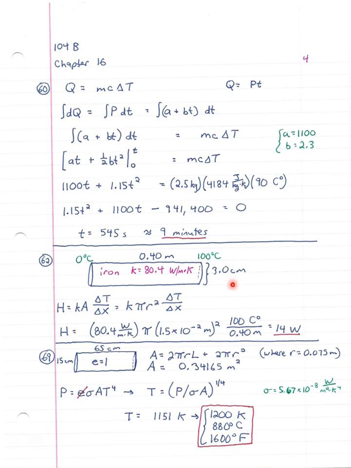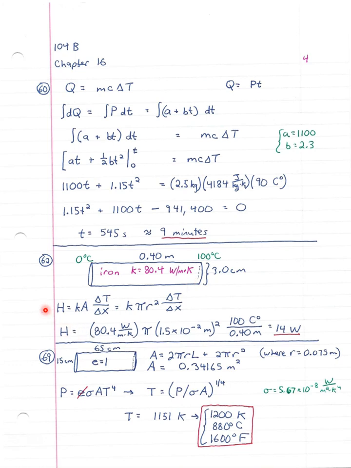I don't have it bent like it is in the book, but same concept here. 0 degrees on one side, 100 degrees on the other. 3 centimeters is the diameter, and we'll need the surface area from that. And then the length of the rod refers to the thickness that the heat is traveling through, 0.40 meters.